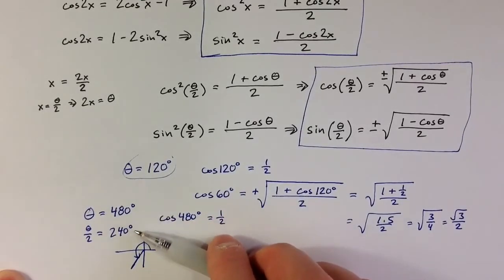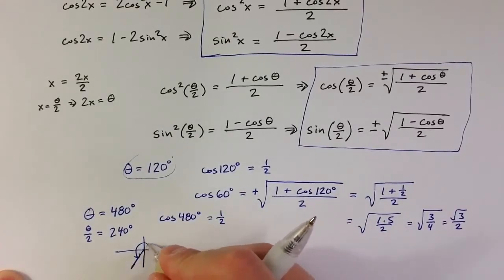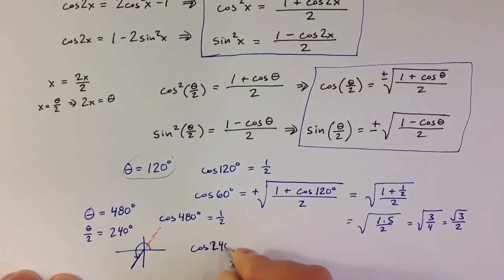But when we take the half angle, then that's like adding 180 degrees. So that takes me to the opposite side of the circle and gives me the opposite value for cosine. So rather than getting positive square root of 3 over 2, we're going to get a negative square root of 3 over 2. And so we would want to think of this as cosine of 240 degrees.